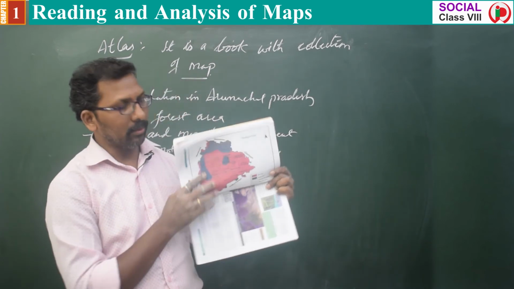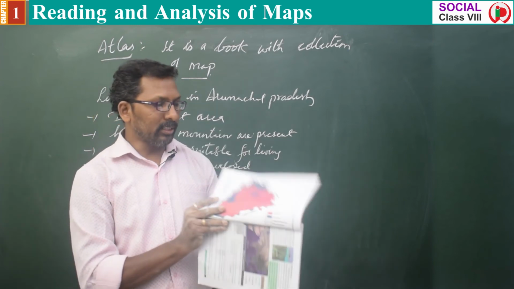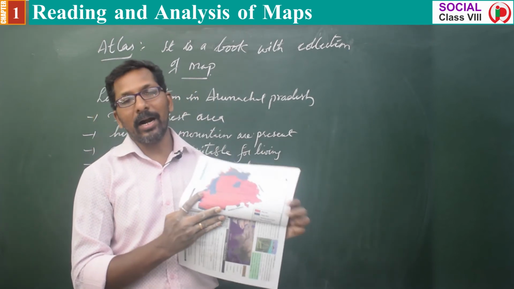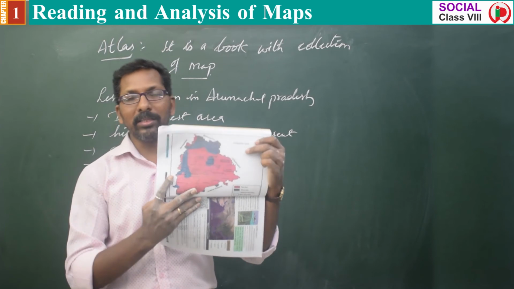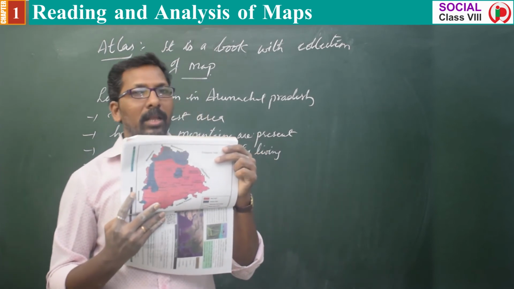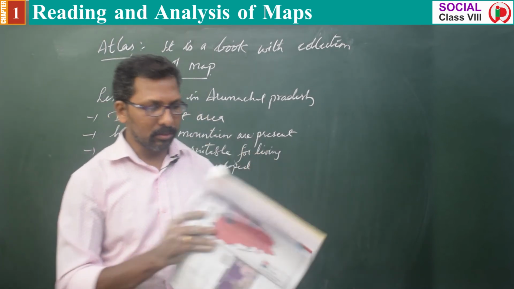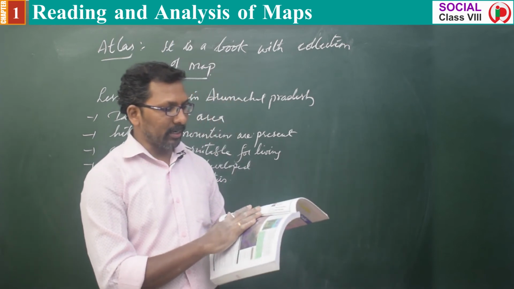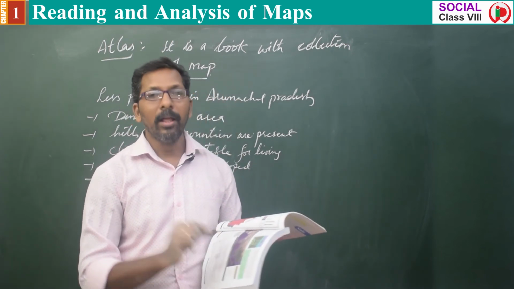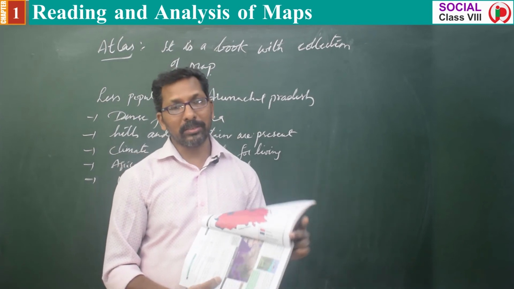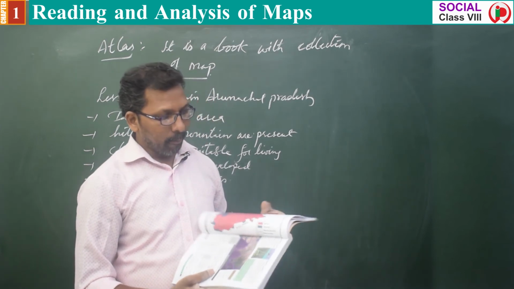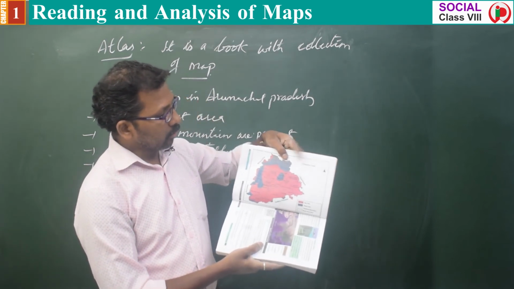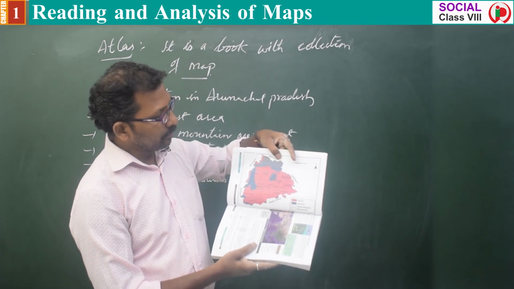Another map also is given here. Now this map is about Telangana soils. The heading is it. What is the map about? It is about Telangana soils. Okay. So what type of soils are present here in Telangana? Red soil and black soil. So where is the black soil present?